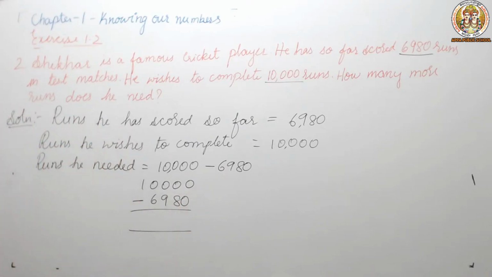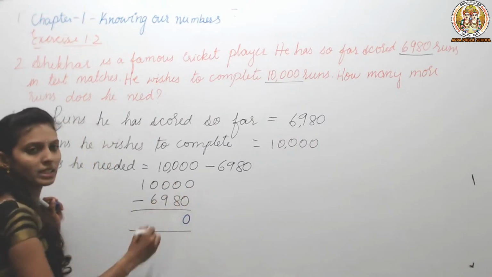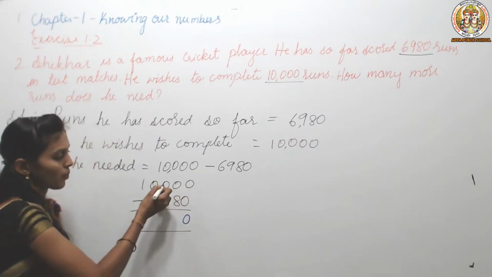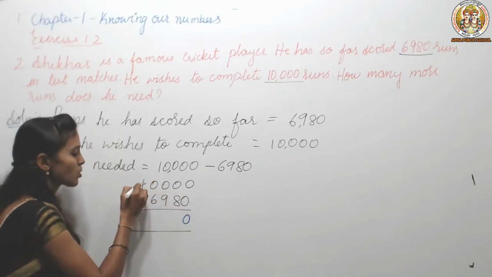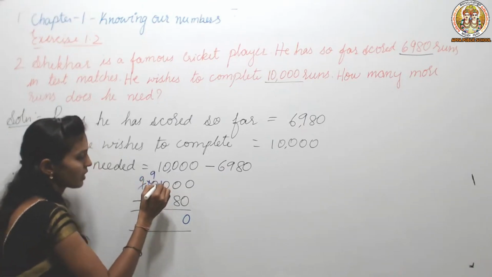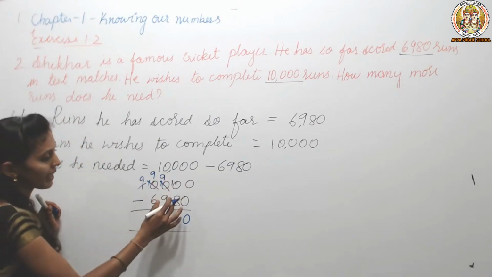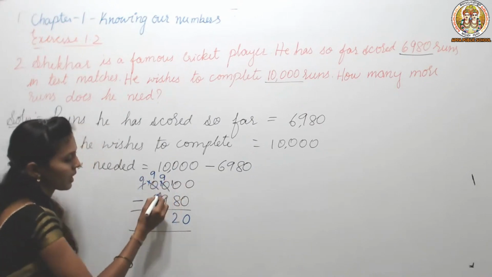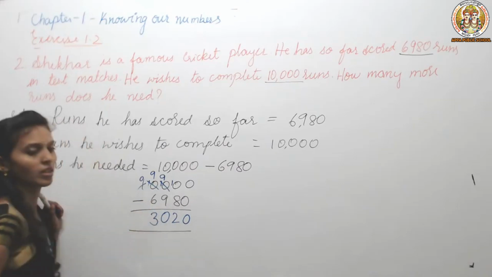So how much? 0 minus 0 is 0. 0 minus 8, we can't, so borrow. Here also 0, so 1 will become 0, 10 will become 9, 10 will become 9, 10. 10 minus 8, 2. 9 minus 9, 0. 9 minus 6 is 3.